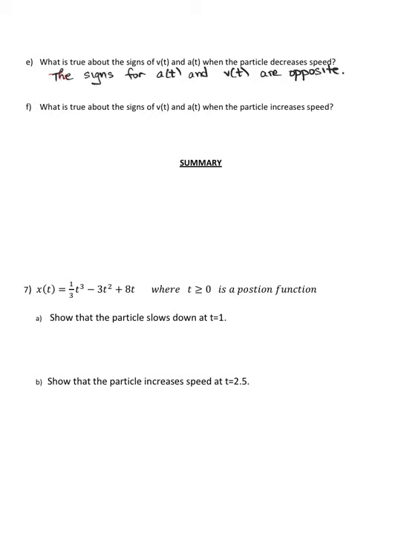But when the signs of the velocity and acceleration are the same, in this case they were both negative, then the particle increases speed, meaning that they're either both negative or, in the same way, both positive. But I wanted to illustrate the two negatives that we increase speed.